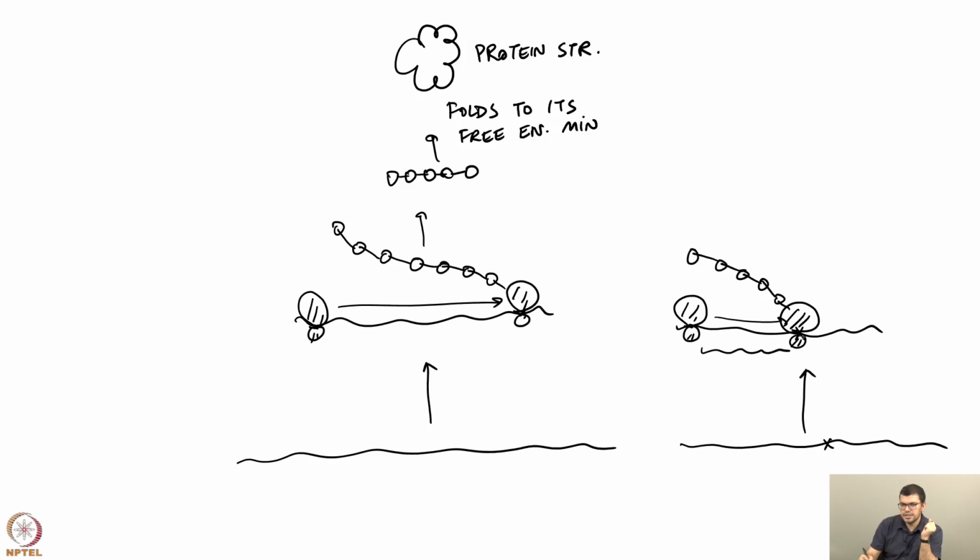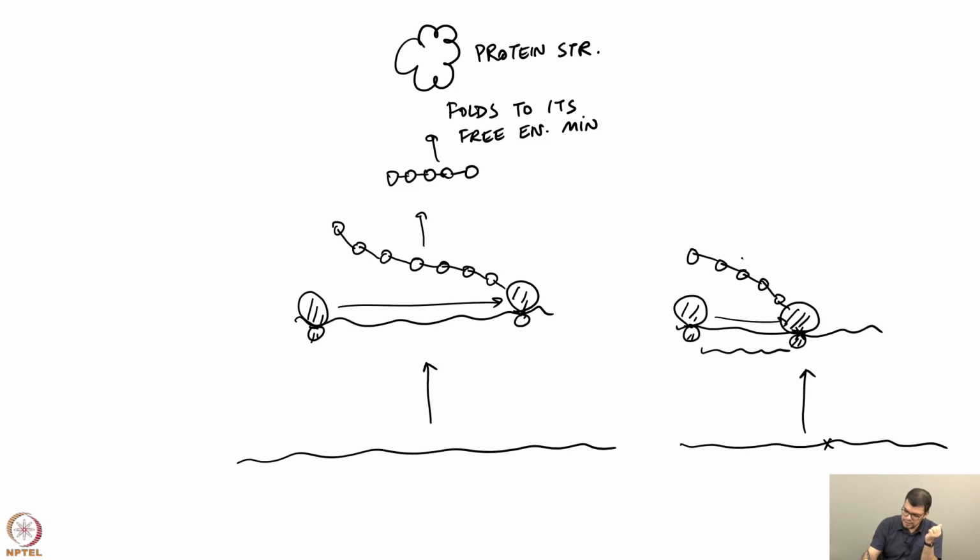And the ribosome pauses there because it has to wait for the appropriate tRNA carrying this amino acid, which is being encoded by this rare codon here. As a result of this, there is a pause here, there is a transient halt in the process of translation.